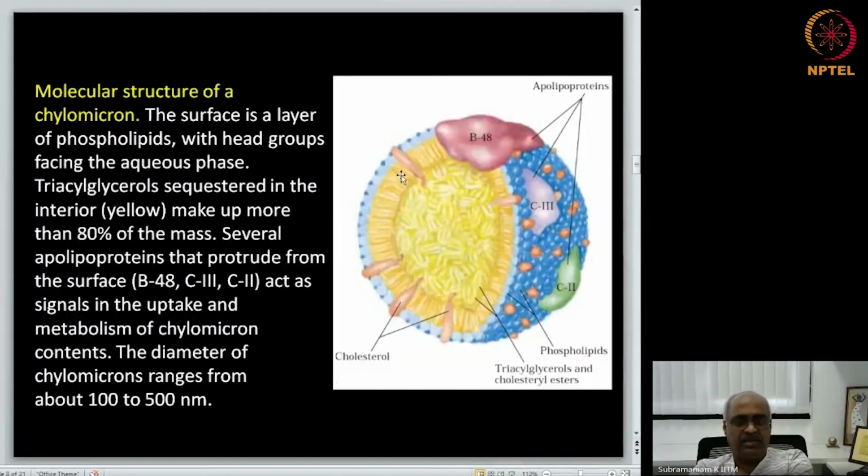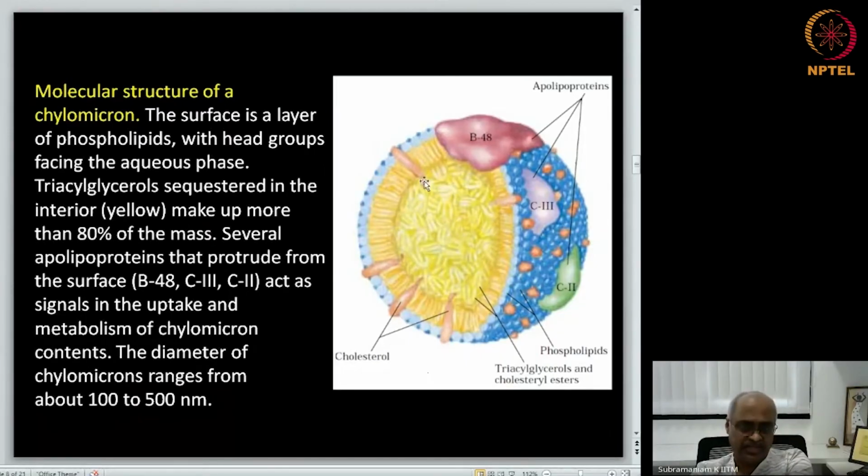That will be easier. So this is a chylomicron structure. Inside you have this triacylglycerol. In the intestine, triacylglycerols were digested by intestinal lipase, forming free fatty acids and glycerol. And the free fatty acids taken up by the intestinal mucosal cells are again converted into triacylglycerol.